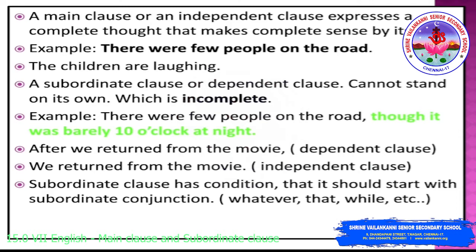So, after we returned from the movie is a dependent clause. What happened after we returned from the movie? It's not complete at all. It doesn't make any sense. But read this sentence. We returned from the movie. Yes, a complete statement. It makes complete sense, which is an independent clause.